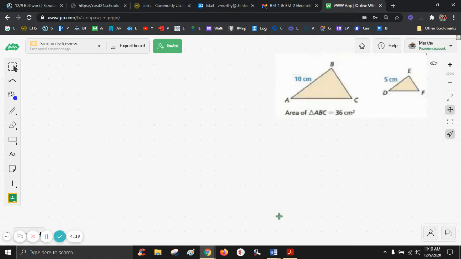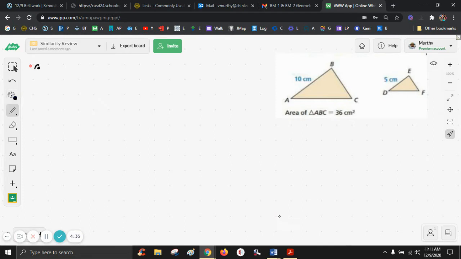The next question is, let me write the concept first. The point is, in case two triangles are given similar, let me write it here.